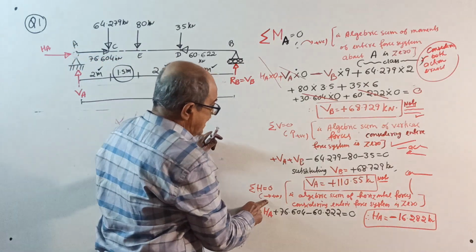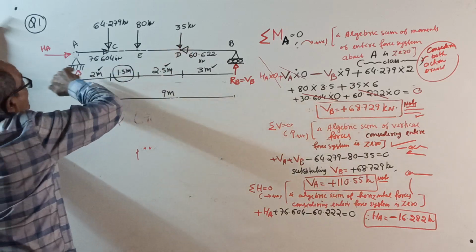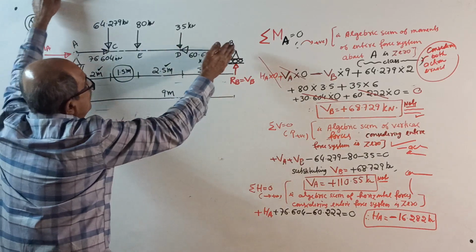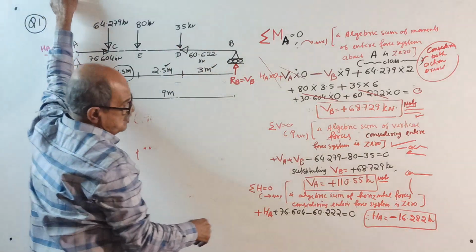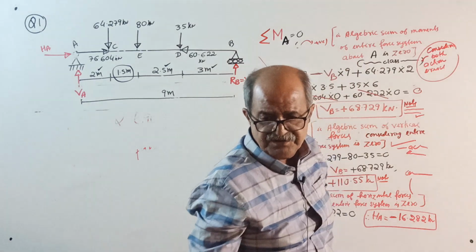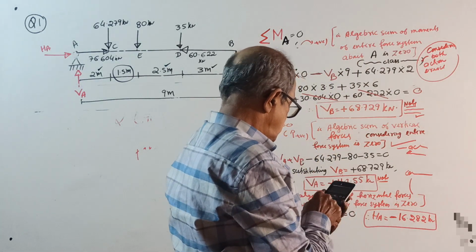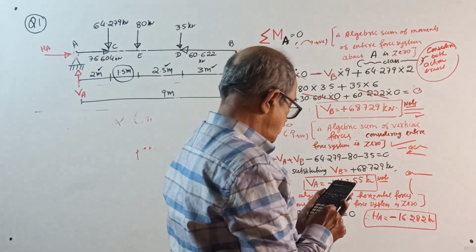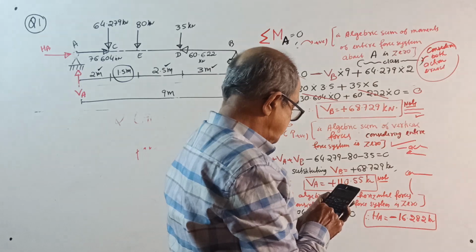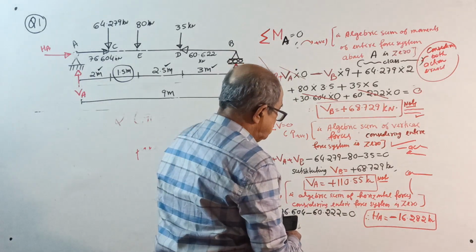Next, sigma H equal to 0. I will take right side positive. Plus HA plus 76.604 minus 60.622 equal to 0. HA will come minus 12 point, is it correct? 76.604 minus 60.622, it is 622.